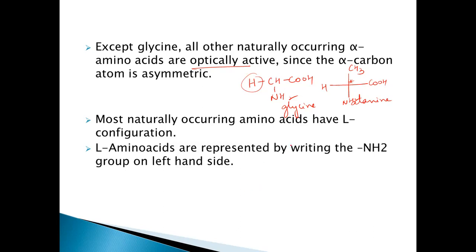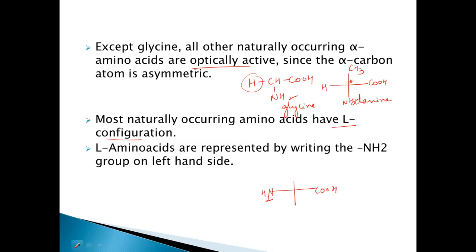If you look at the configuration of naturally occurring amino acids, most of them have the L configuration. The L configuration is shown with NH2 on the left-hand side. How can you represent this? L amino acids have NH2 on the left.